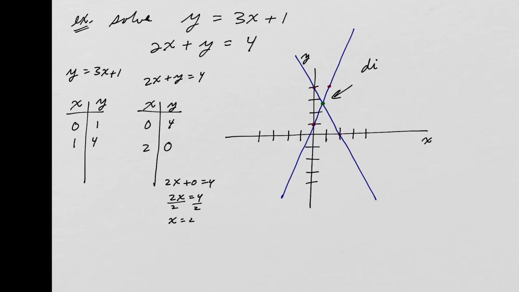I'll say it's difficult to determine this point. Now, one thing we could do is graph this using technology like Desmos and see if we can get a better result. Actually, let me try that and see what we come up with.